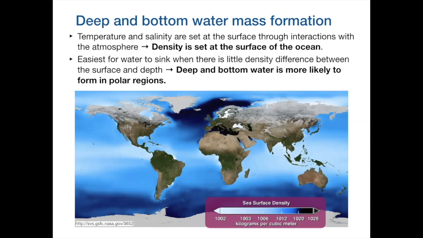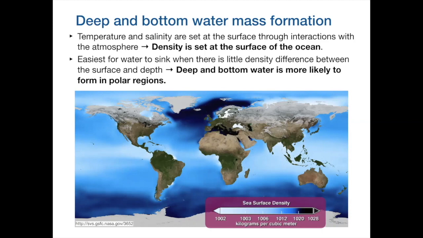We also saw in the last video that the density stratifications are weaker at the poles, so there's a lot less difference between bottom and surface density at the pole compared to the tropics or even the mid-latitudes. So this makes it more likely that the deep water and the bottom water will form in the polar regions where you have this weaker stratification.